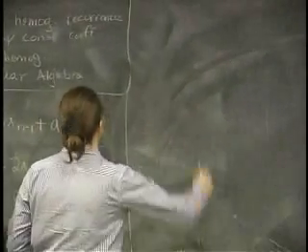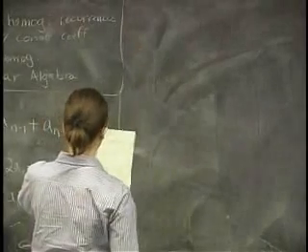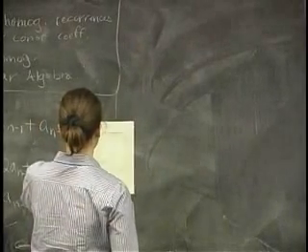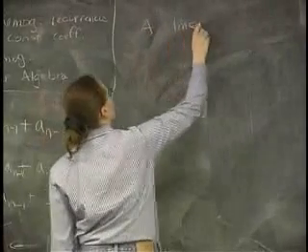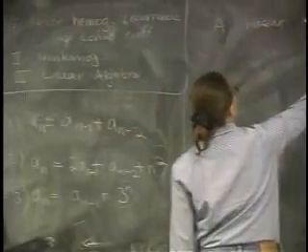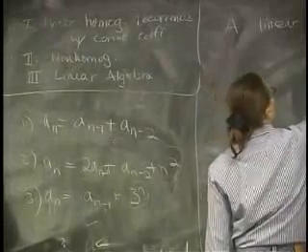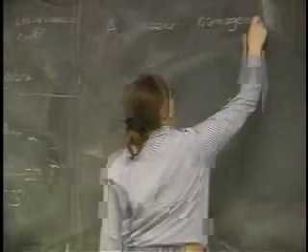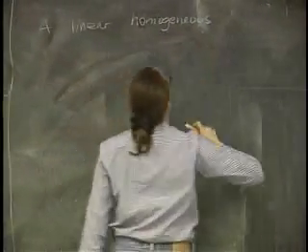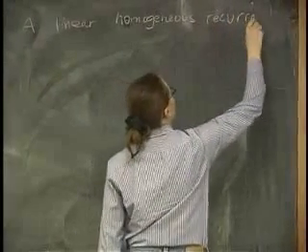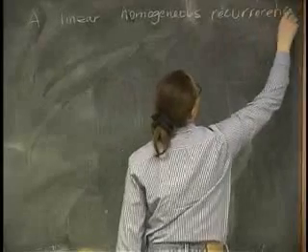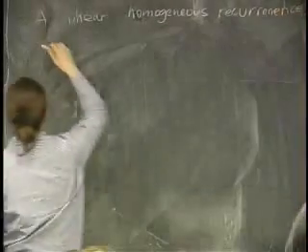So, okay, we have all these words. We're supposed to look at a linear, homogeneous, recurrence relation with constant coefficients.